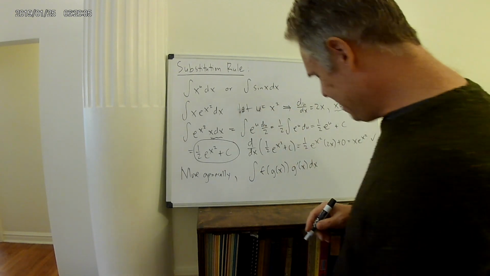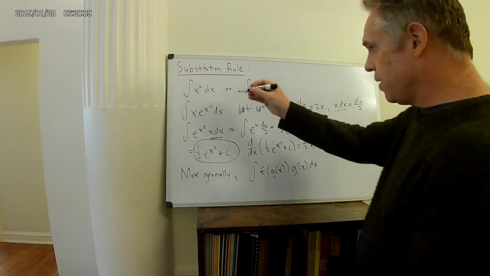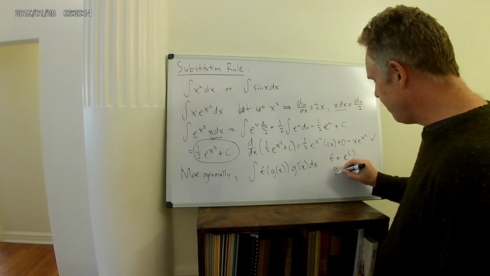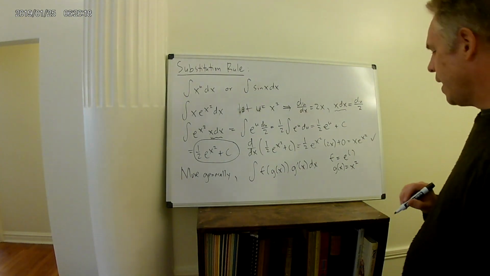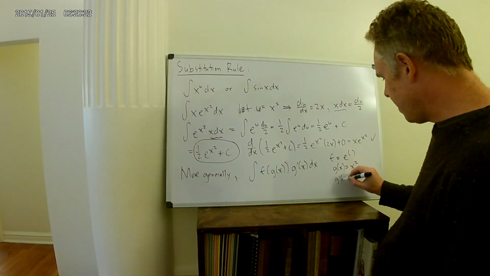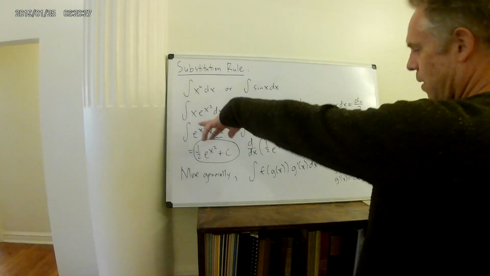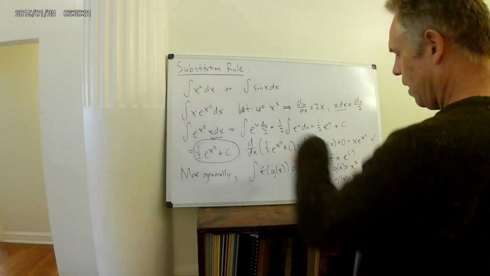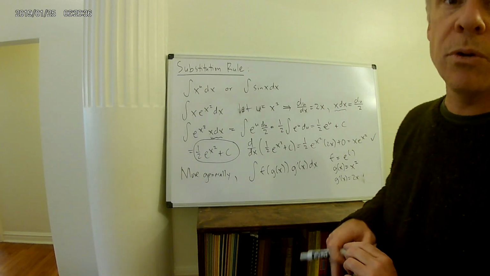In this case, our f was e to the something, and our g of x was x squared. Then we had an x dx. If you take the derivative g prime of x, you get 2x, so this part here gives you 2x. So we had an integral of this form, which allows us to use the u substitution or substitution rule technique.